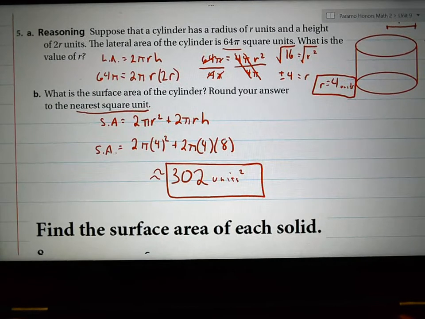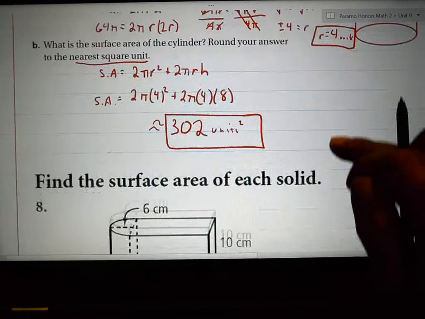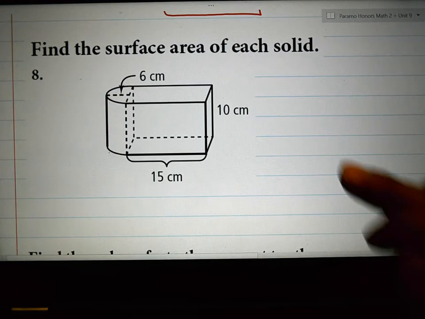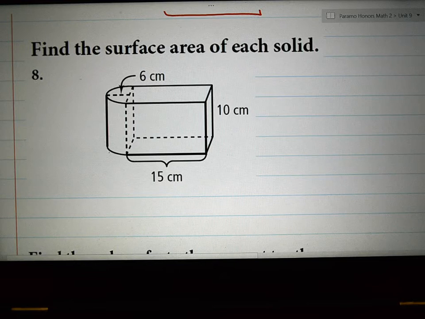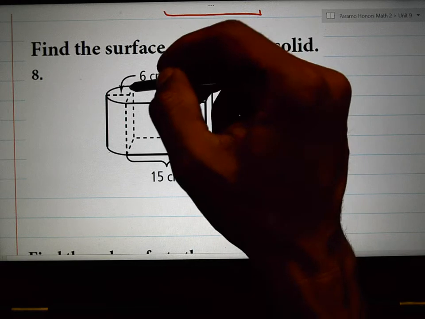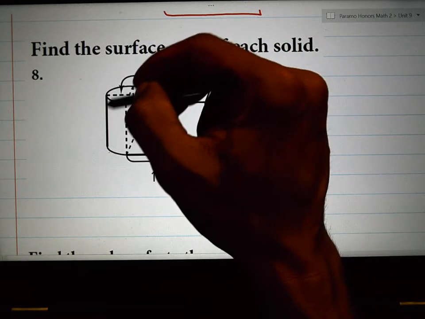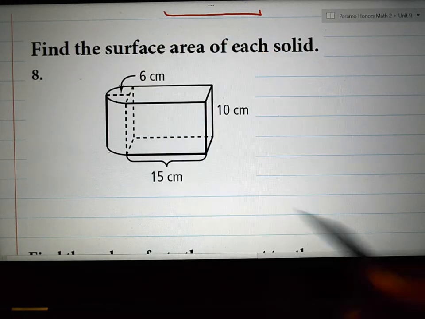Now, let's go to our next example. Find the surface area of each solid. This one's a little bit funky. There's no one formula that's going to work here. We're just going to have to figure this thing out as we go. I have this front, which is a nice rounded shape.